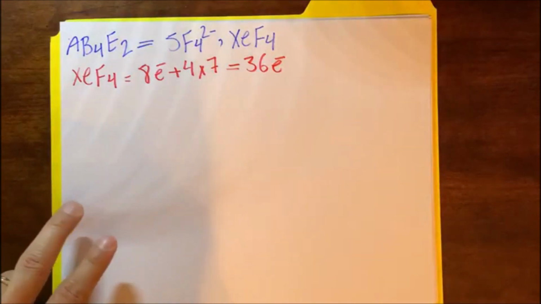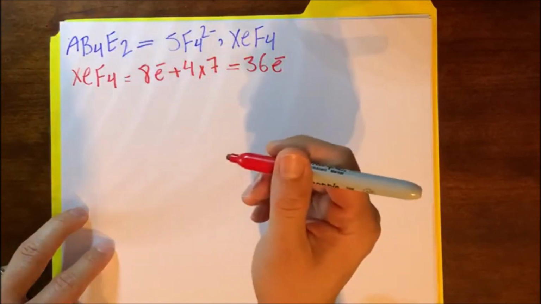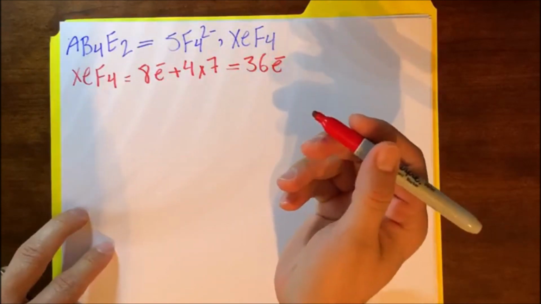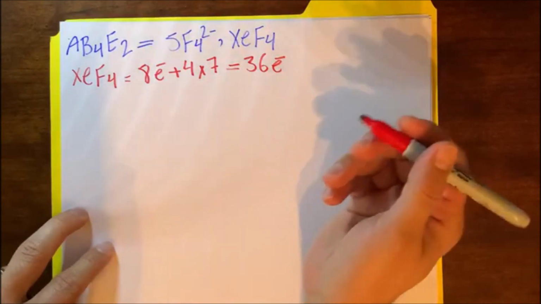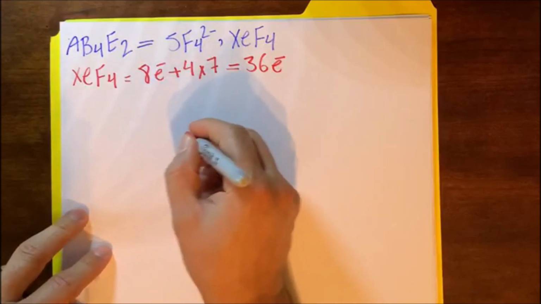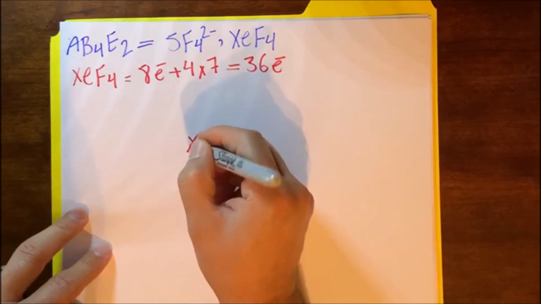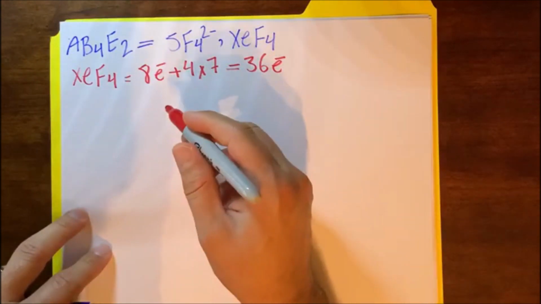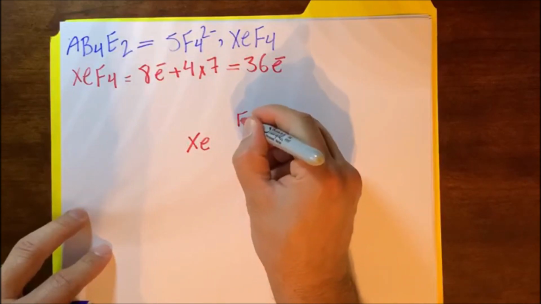Xenon, again, is the central atom because the electronegativity of xenon is less than fluorine. So I go with xenon. I have fluorine, 4 of them. Here, 4 fluorines.